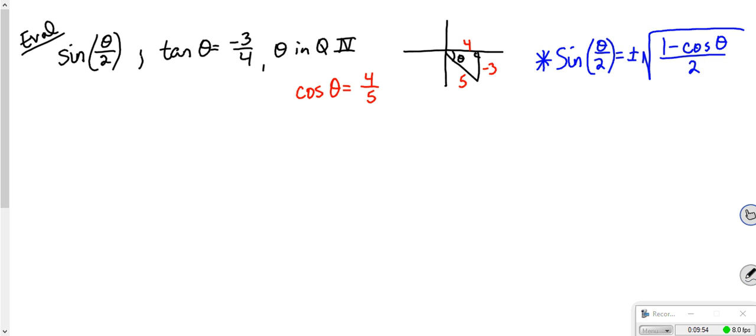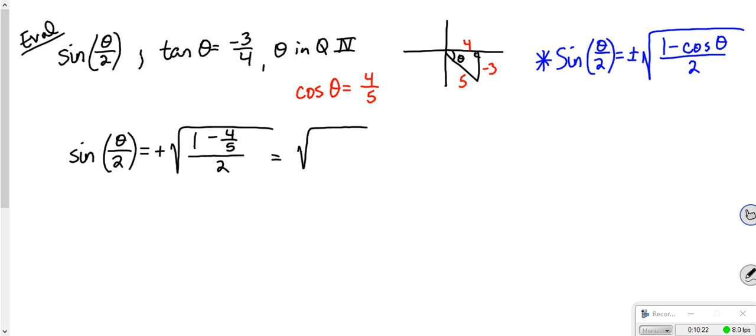So sine of theta over 2 would be, again, the positive square root of 1 minus 4/5, divided by 2. Because cosine theta is 4/5, and minus was part of the formula in the numerator there. So this is the square root of 1/5 divided by 2, which is the square root of 1/10. 1/5 divided by 2 is 1/5 times 1/2.